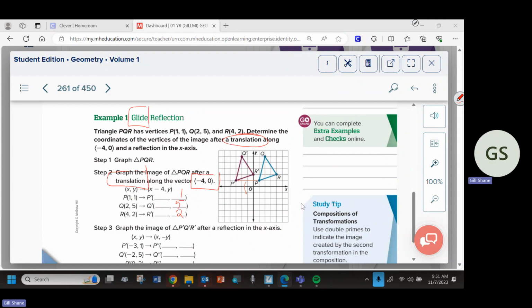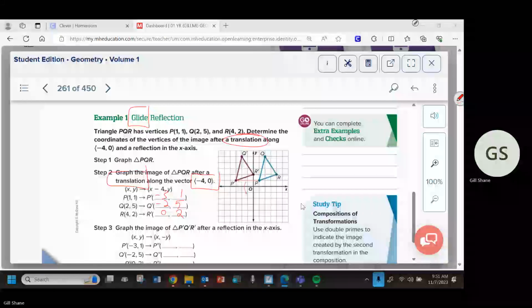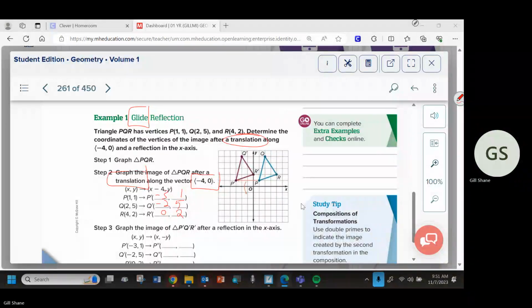So all I'm really doing, and you have calculators, is -4 plus 1 is -3. -4 plus 2 is -2. -4 plus 4 is 0. So if you look at that new triangle, those points would match up.